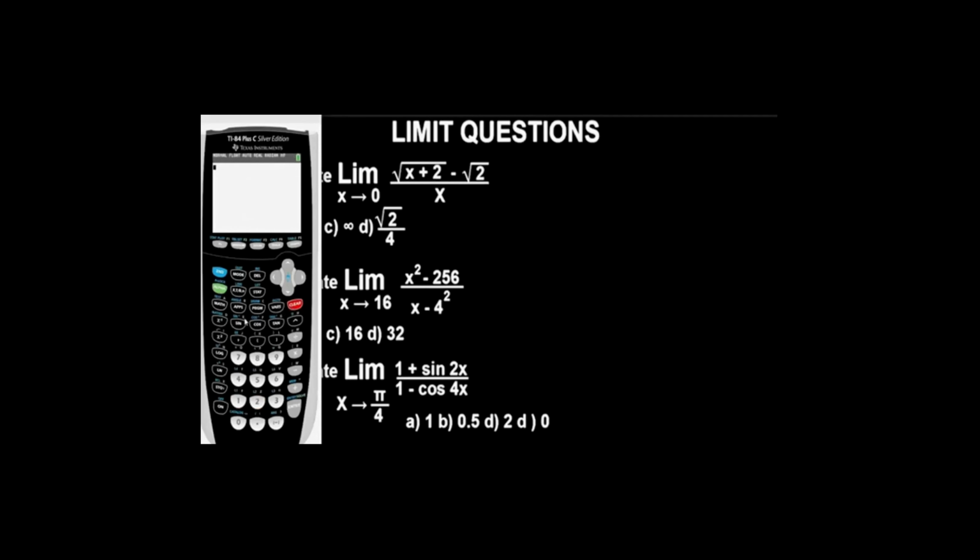So we're going to store pi over 4 plus 0.001. Now, it's in fraction: alpha, this trace button, then this 1. So we have pi. To bring out pi, you press second and this button. We have pi over 4.